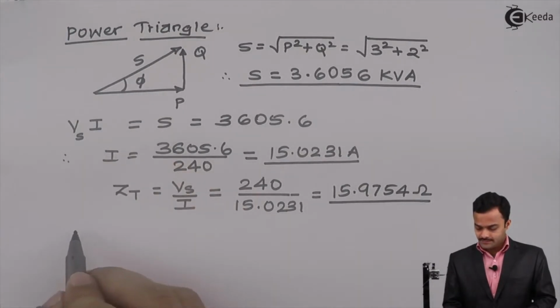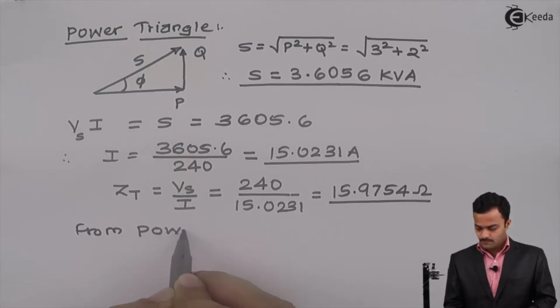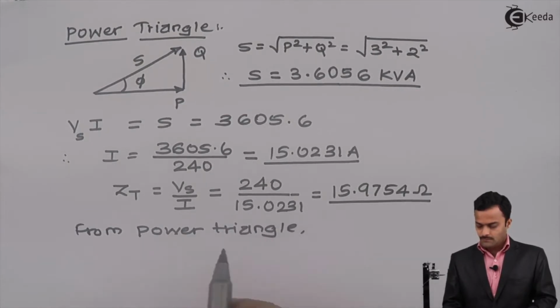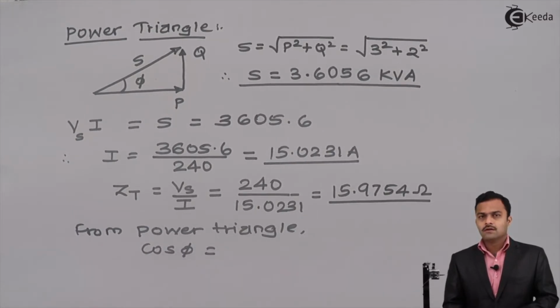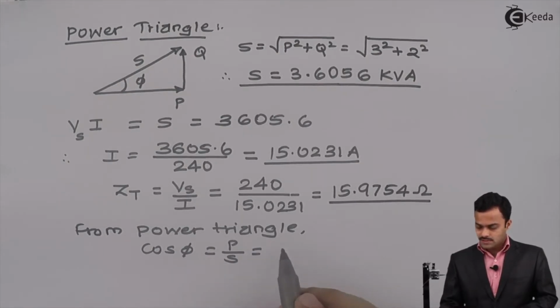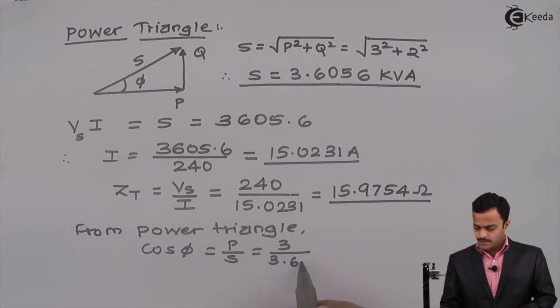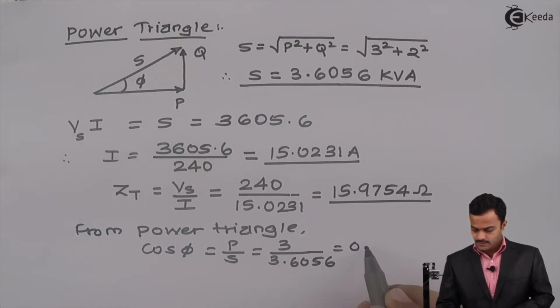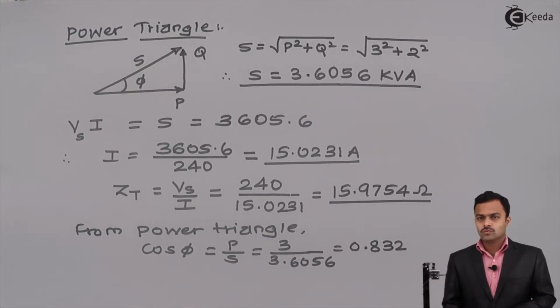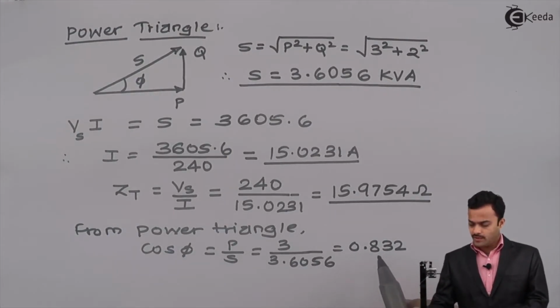So from the power triangle, I can say cos phi equal to P upon S, which is 3 kilowatt divided by 3.6056 kVA. So I am getting cos phi as 0.832.